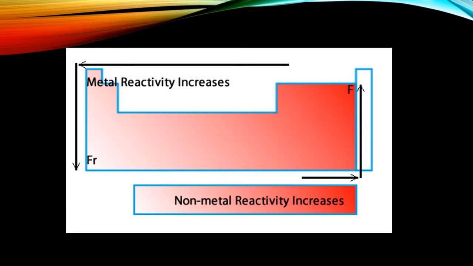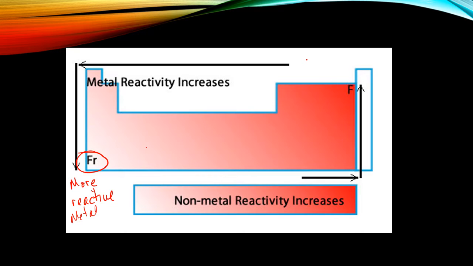If you said that as you move down the periodic table, metals become more reactive, you got it. So as you move down, it becomes more reactive. And sure enough, francium is the most reactive element on the periodic table, and it is the most reactive metal.